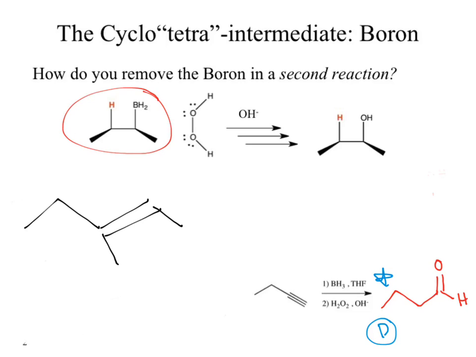So we got two spots, and I'm going to label these A and B. One of those is hydrogen, one of those is boron. Which gets which? The hydrogen should be at which position? Or the boron should be at which position? A for boron.